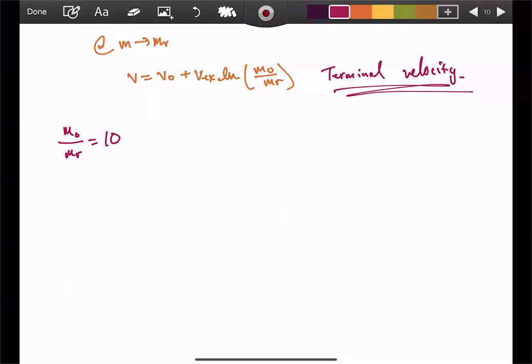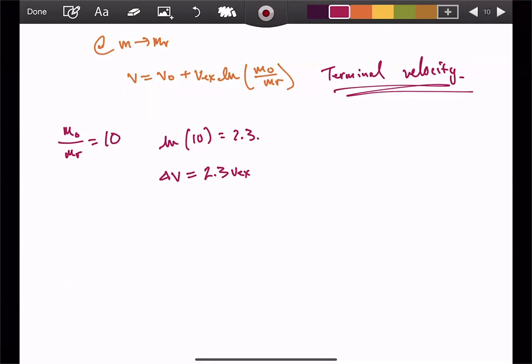So basically, most of it is fuel, right? So let's look at this. Natural log of 10 is actually only 2.3, which means that the change in velocity is actually just equal to 2.3 times the expulsion velocity, which is actually really small, right?